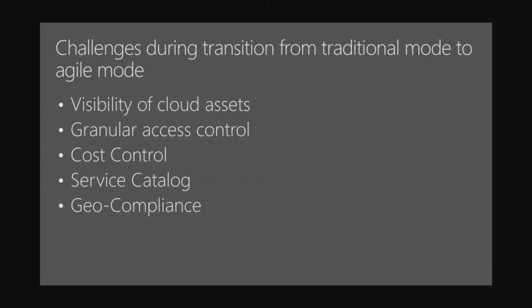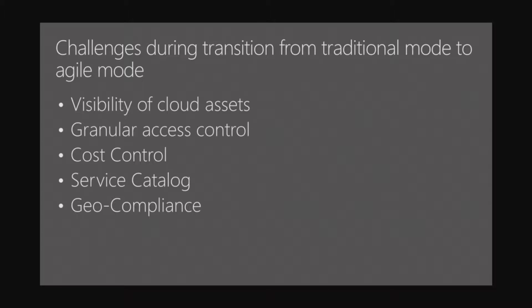The next one is about granular access control. You want to set the right permission to the right people so they can work effectively as well as work securely, so they don't break your system by mistake. Next one is about cost control.